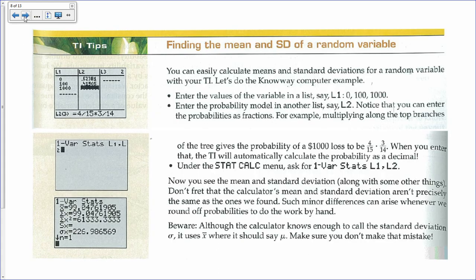On your calculator, this TI tip walks you through how to fill those out. You'll put the payouts or the points or whatever in list 1, the probabilities that correspond with those in list 2, and you'll do a tricky thing of 1-Var Stats L1, L2, and then hit enter. That'll run the statistics the way you think they would.